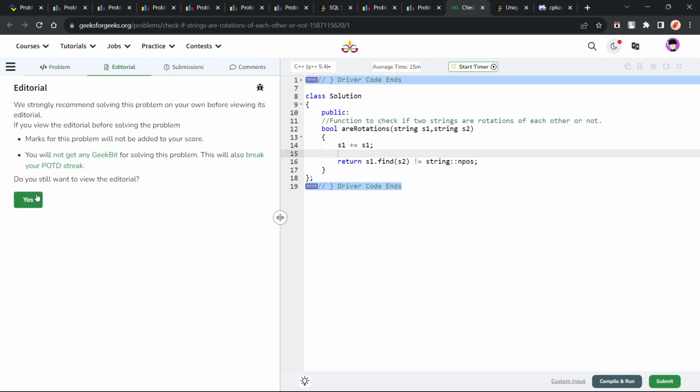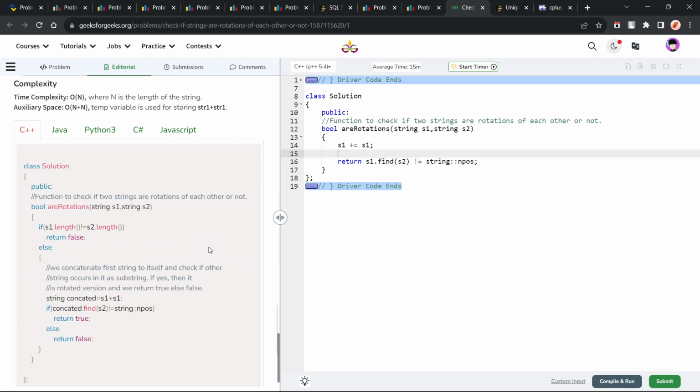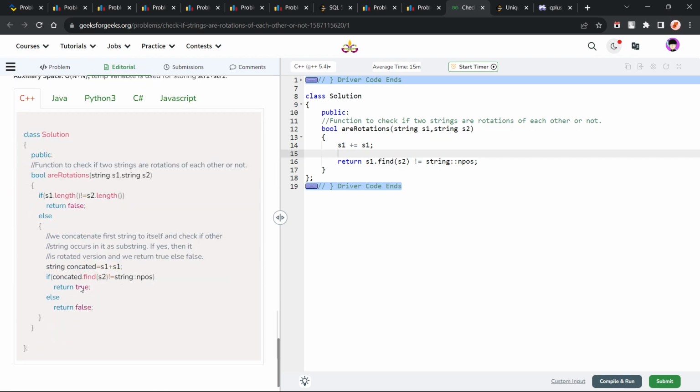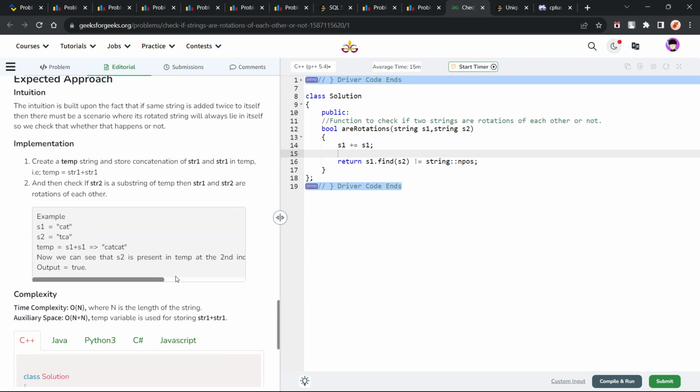Now I just want to check the editorial, what they have said. So they have done the same thing, but this is not the correct way of solving this, I believe.